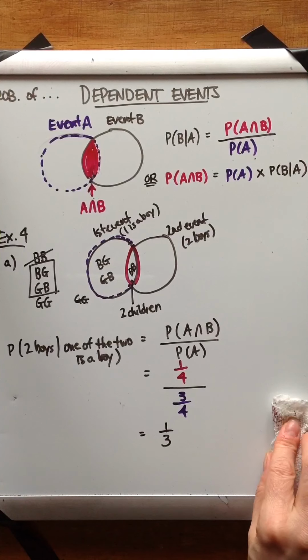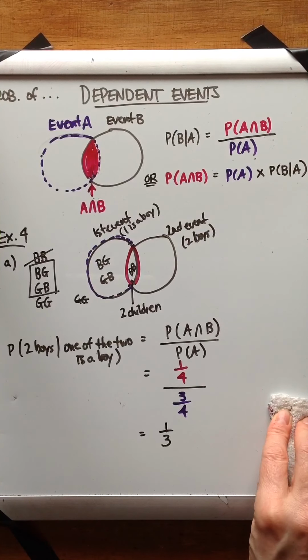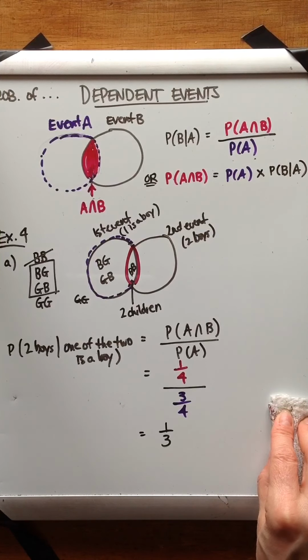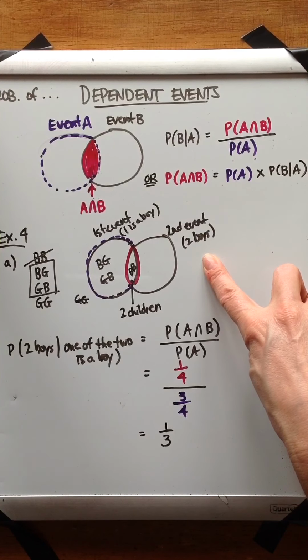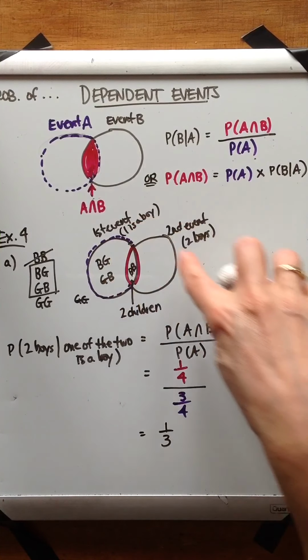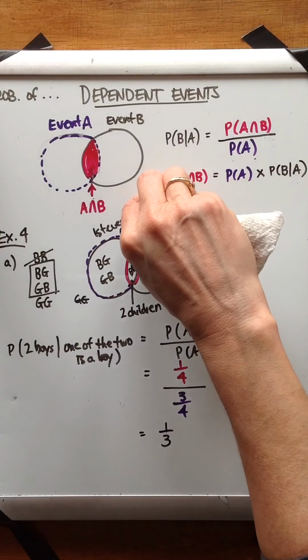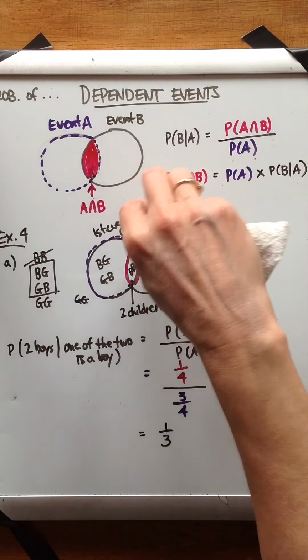Let's adjust this ever so slightly. So now the family has 2 boys. We'll keep that as the second event. And they know that the first child has to be a boy. So not that one of them is a boy, but that the first one is a boy. How will that change things?